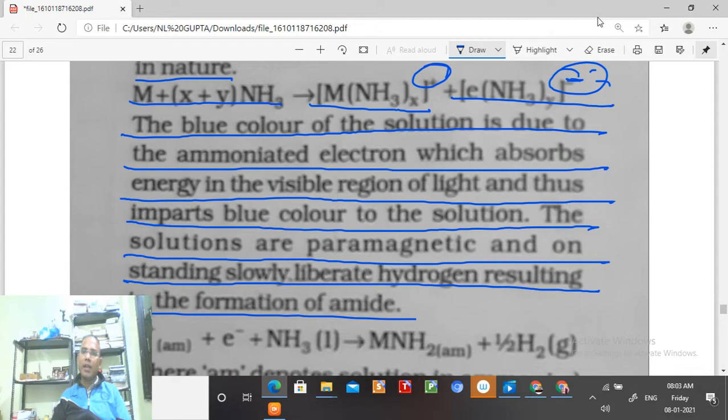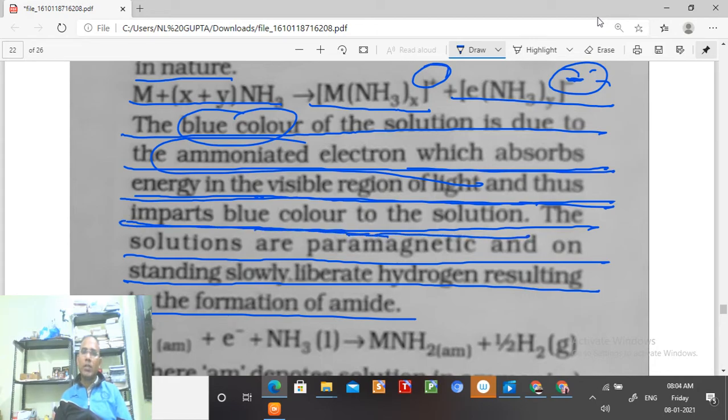Because of this free electron, this will be the color.